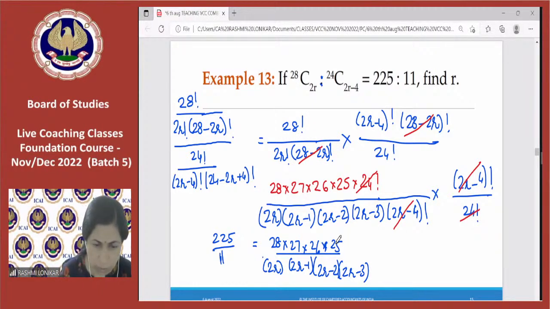This is 15 into 15. Okay. And this is equal to how much? 11 into... Okay. So I have 28 into 25.